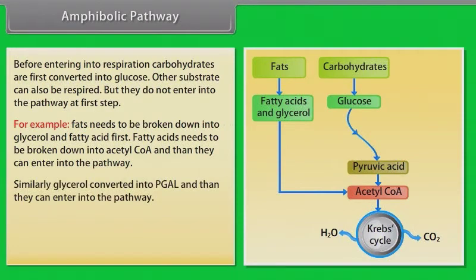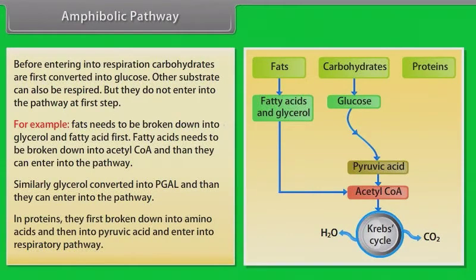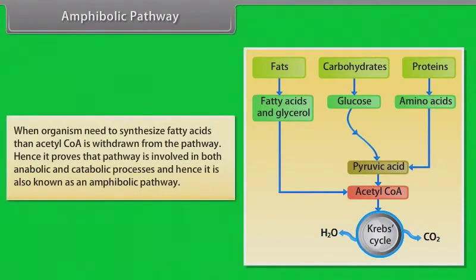Similarly, glycerol is converted into PGAL, and then it can enter the pathway. Proteins first break down into amino acids and then into pyruvic acid and enter the respiratory pathway. When an organism needs to synthesize fatty acids, then acetyl CoA is withdrawn from the pathway. Hence, it proves that the pathway is involved in both anabolic and catabolic processes, and hence it is also known as an amphibolic pathway.